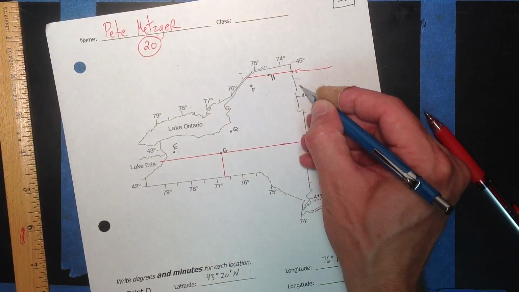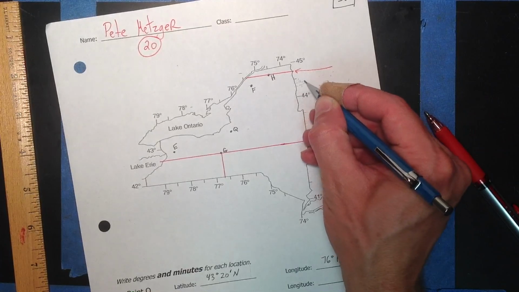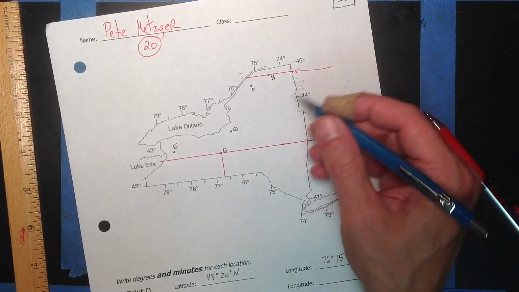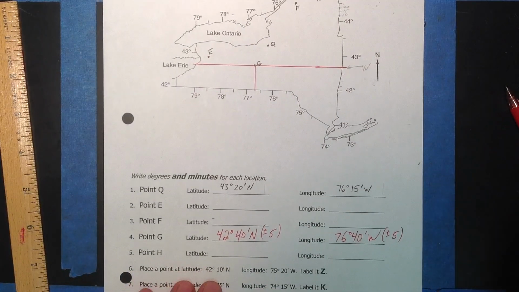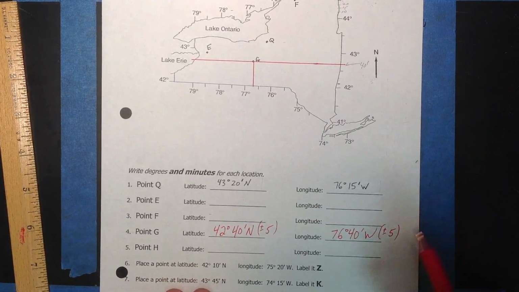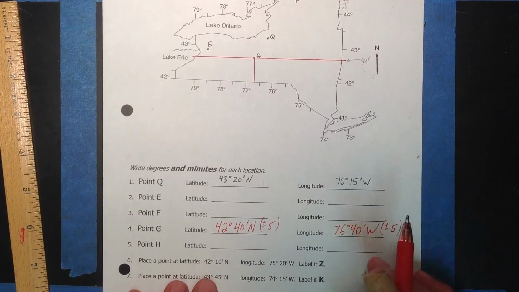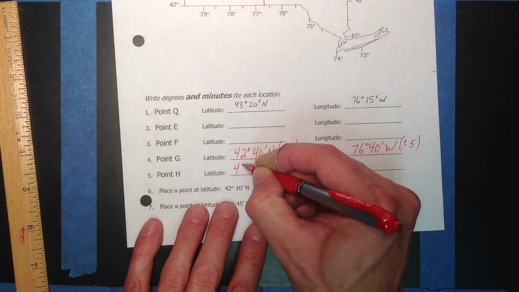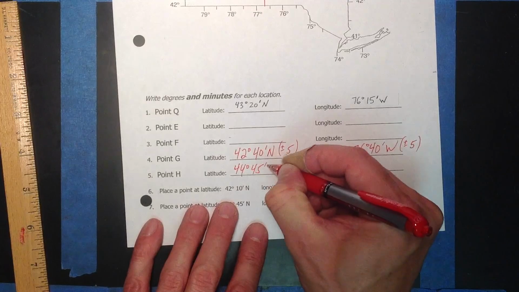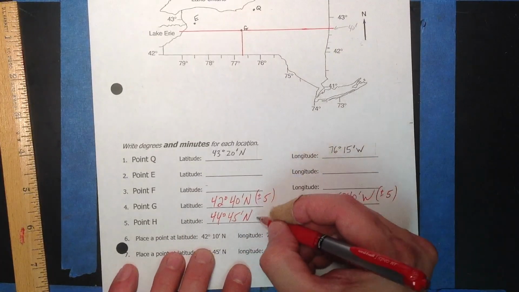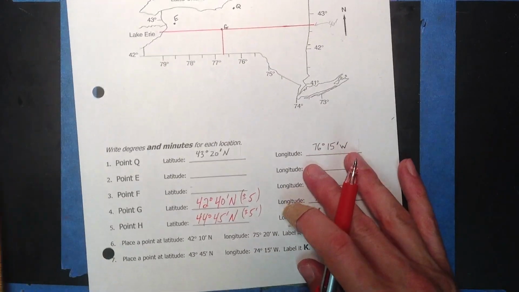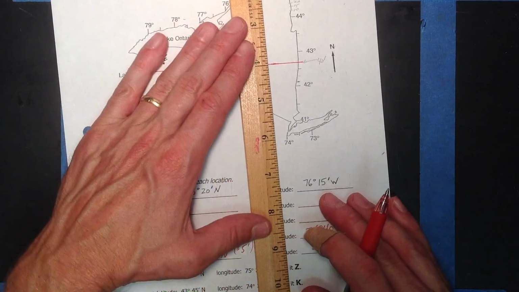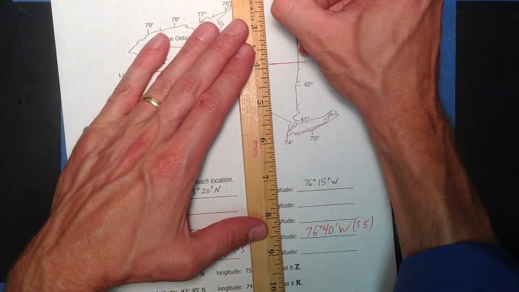Maybe that's 15, and maybe that's 20, and that's 10. Estimate it like that. You can write it in there. That's fine if that helps you. But what I am doing here for the latitude of H is 44 degrees 45 minutes north, and maybe plus or minus 5 minutes is fine, must have north.